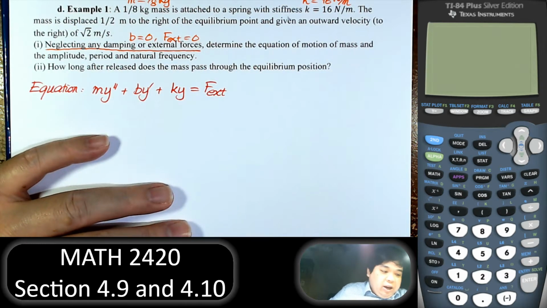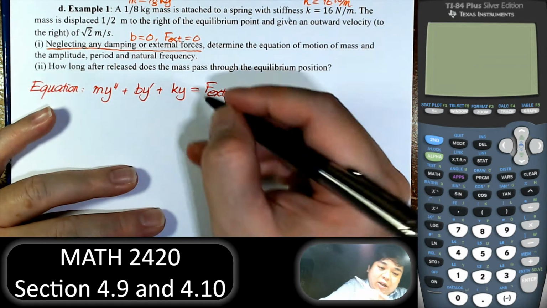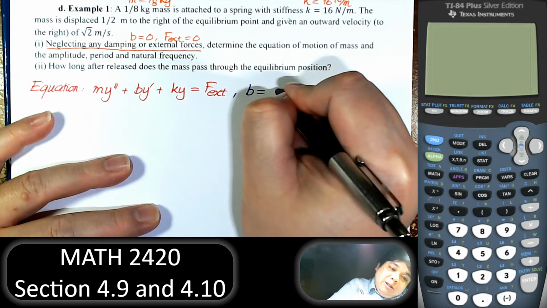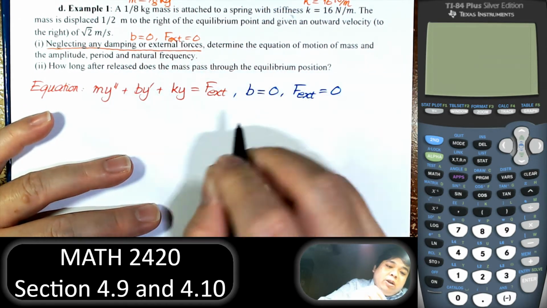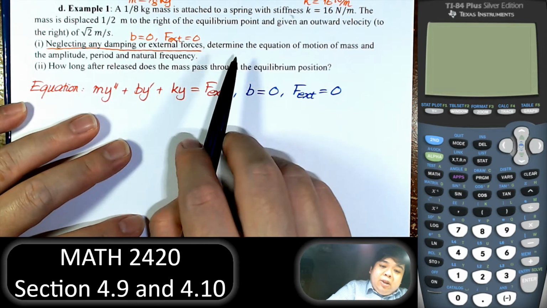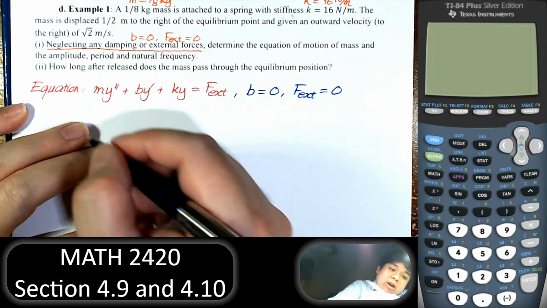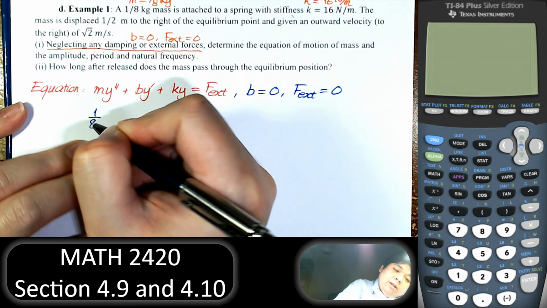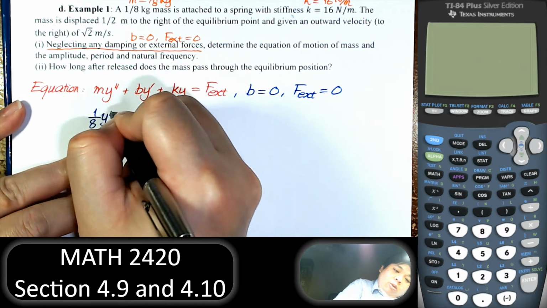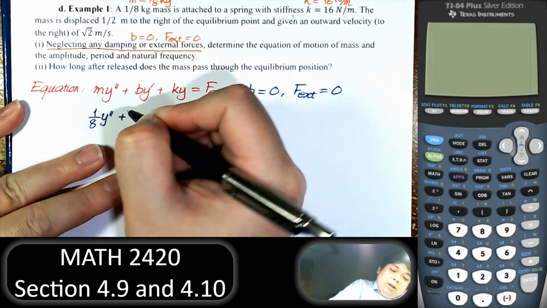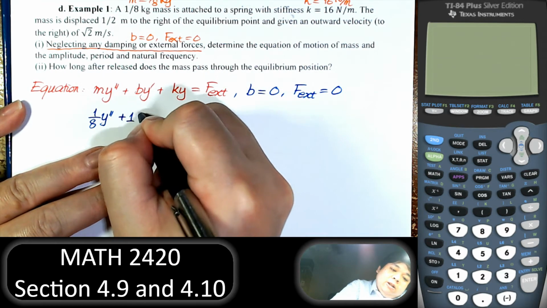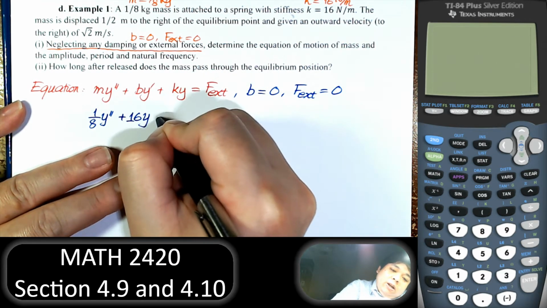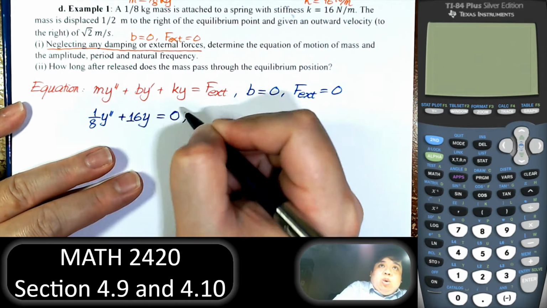In this case, we have, of course, no damping and external force equal to 0. So we have the mass and the spring constant: 1/8 y double prime plus 0, and k is 16, y equal to 0. So that is the equation.